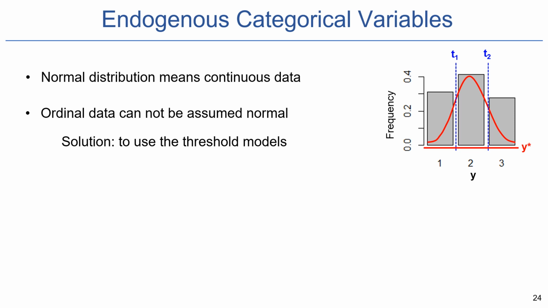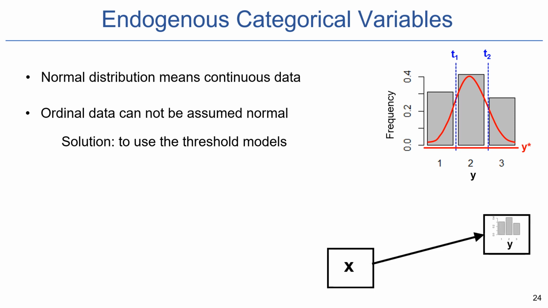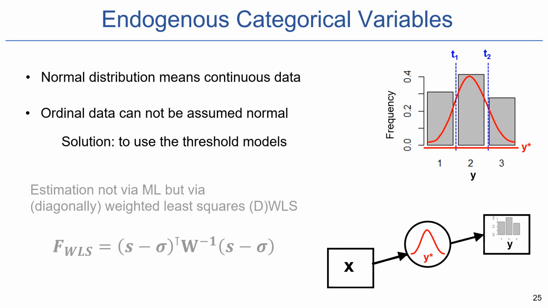So using this method of thresholds, lavaan treats the effect of x on the categorical variable y as the effect through some hidden true y, which is continuous and normally distributed. But the models with the threshold structure cannot be estimated with the maximum likelihood function. So for this, we use the estimator named weighted least squares, which is shown here.